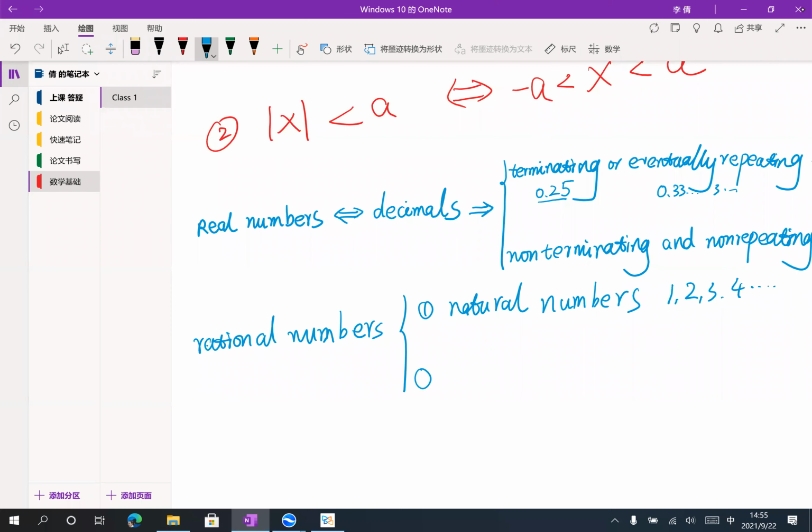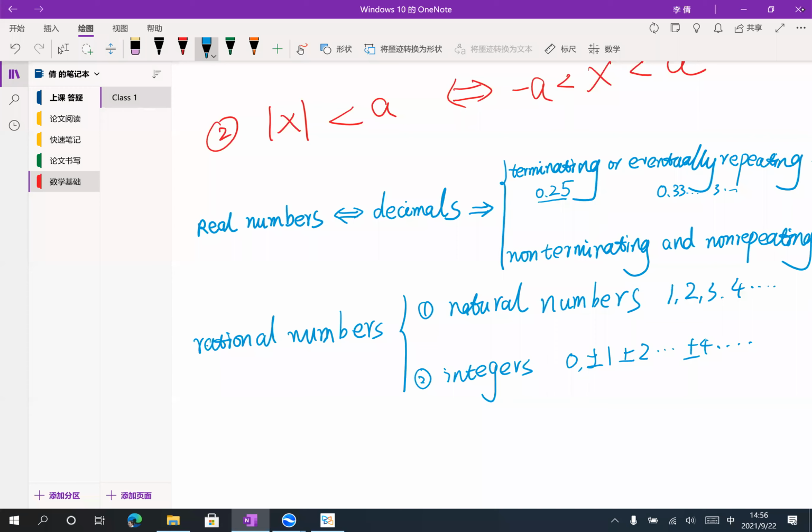And the second special subset is the integers. The integers are numbers like 0, positive or negative 1, positive or negative 2, and positive or negative 4. The numbers like this are the integers, right? Those are some subsets of the real numbers.